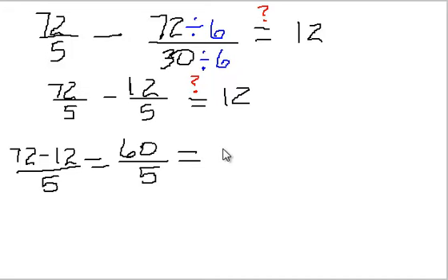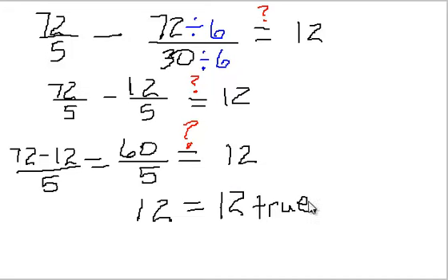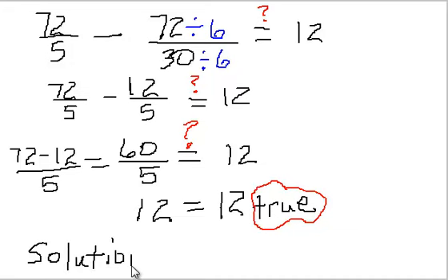And remember that 60 over 5 is the same as 60 divided by 5. So 12 does equal 12. So I do get a true statement. So that is true. So that means that my solution set, I believe the problem on my math lab was asking for a solution set.